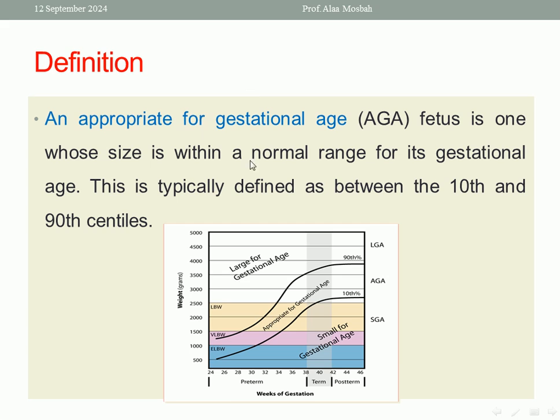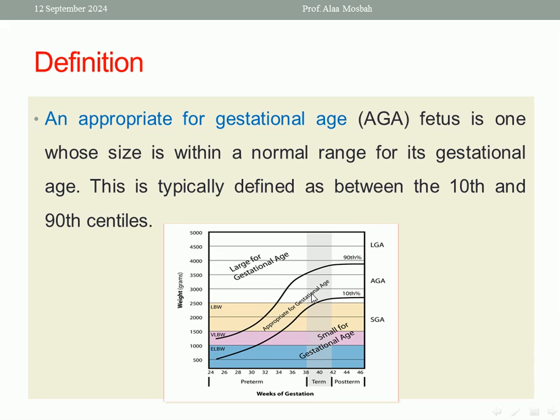And please look at this chart. As you see, this is the 90th percentile, this is the 10th centile, and in between both is the appropriate for gestational age. So we call it AGA, appropriate for gestational age.